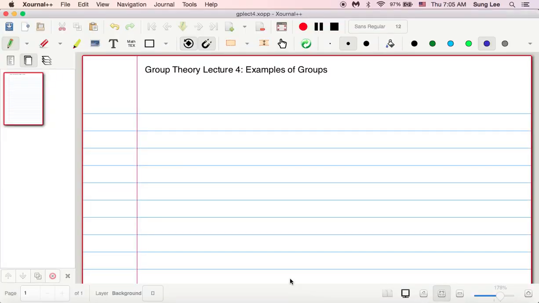I'm going to go to my notepad. So this is just a notation.